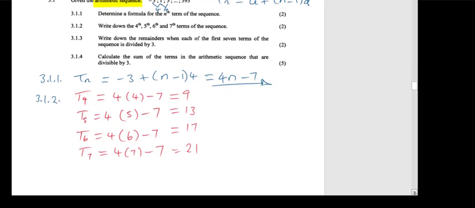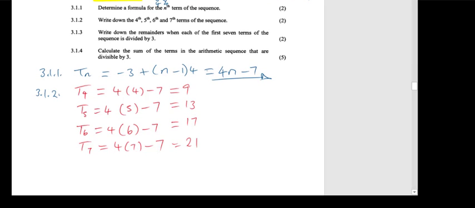Now, equation ilandelayo isithi manje, which is 3.1.3. Write down the remainders when each of the first 7 terms of the sequence is divided by 3.